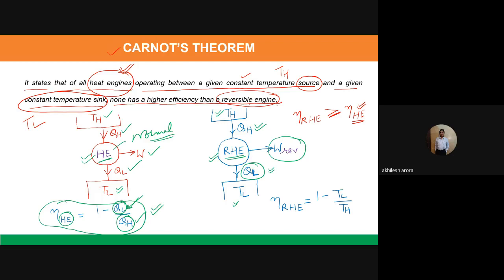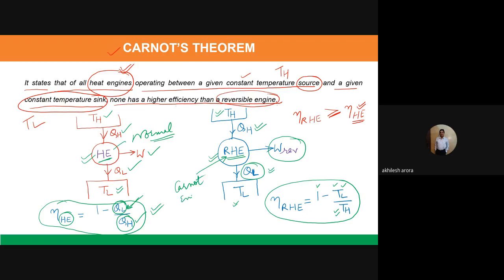Now you can see this is the efficiency of the reversible heat engine, which is given by 1 minus TL by TH. Why is there a difference? We have just studied the topic of the Carnot cycle. Here we proved that the efficiency of the reversible heat engine is given by 1 minus TL by TH, and this reversible heat engine is nothing but a Carnot engine.